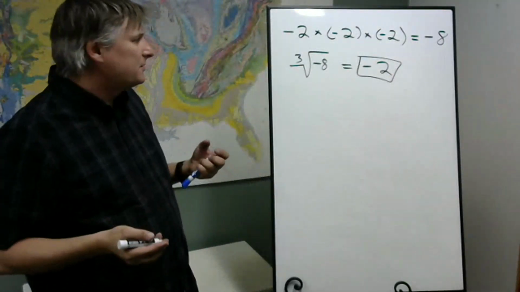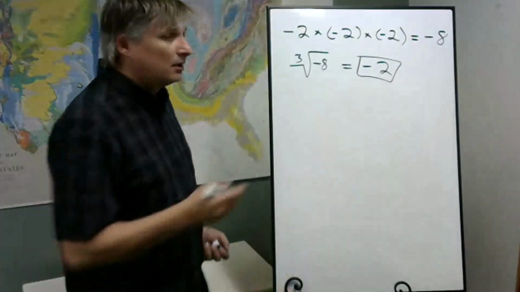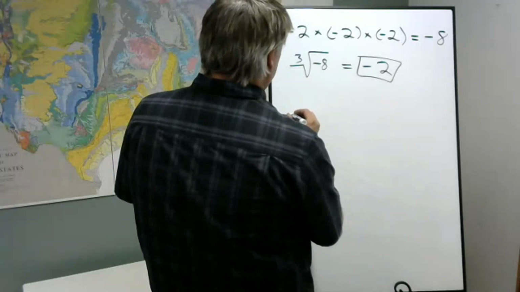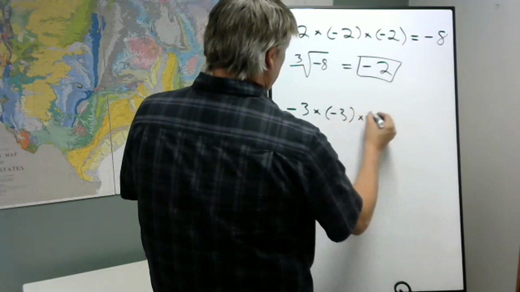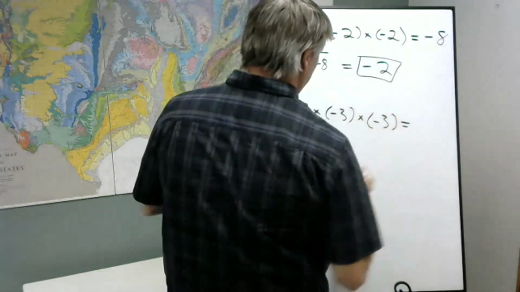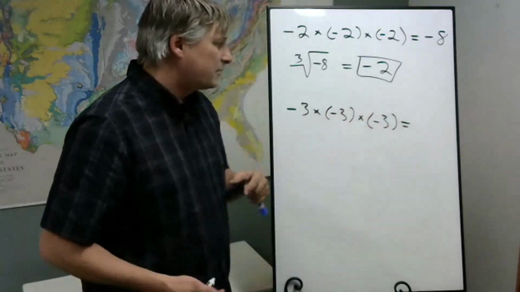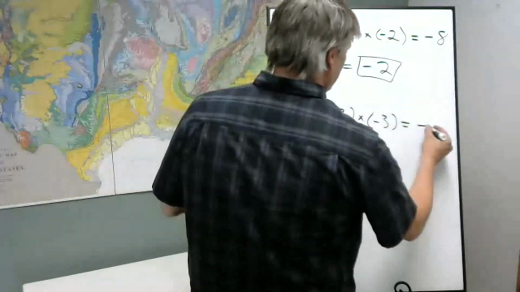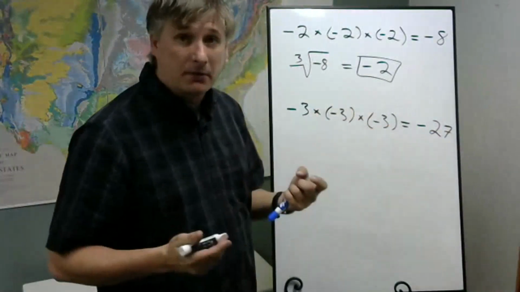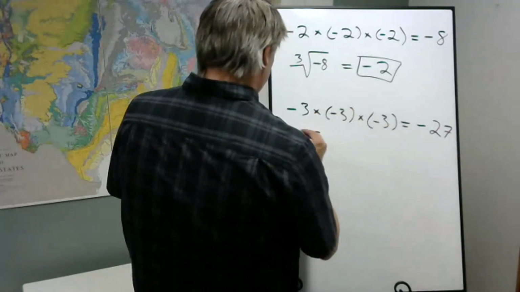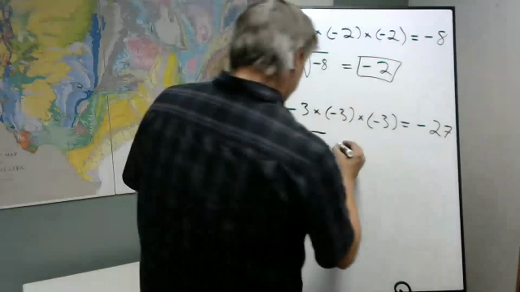So what we start finding is that with cube roots, we can take the roots of negative numbers. So let's say -3 times -3 times -3. Well, -3 times -3 is +9. +9 times -3 is -27. Same number, same number, same number, and there's 3 of them. So the cube root of -27 is this repeated number.